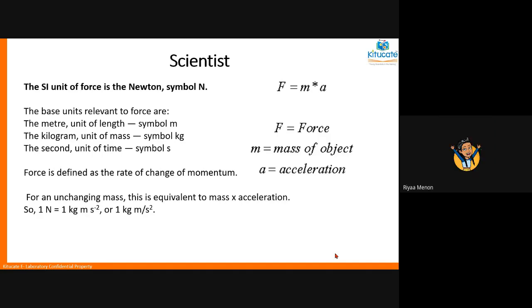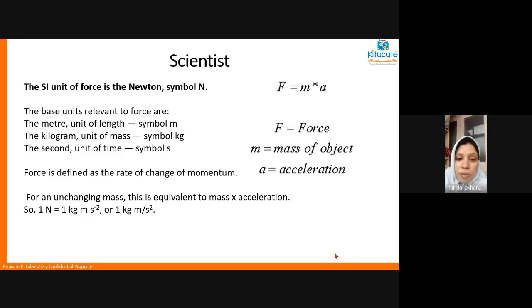What is the formula? Density is equal to mass divided by volume. Very good. So density is again dependent on two other units. It is dependent on mass also, it is dependent on volume also.